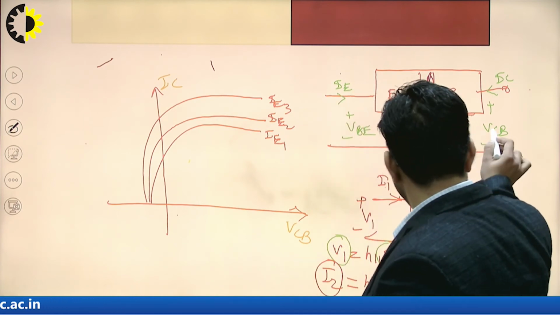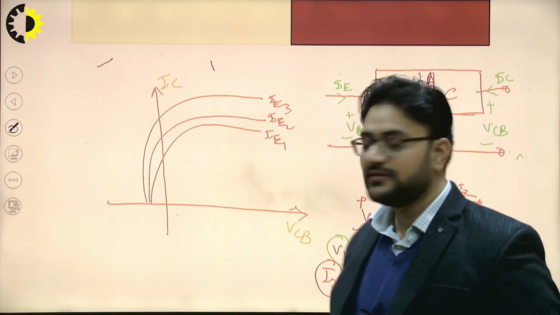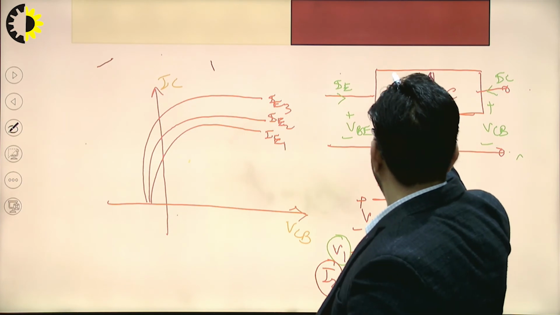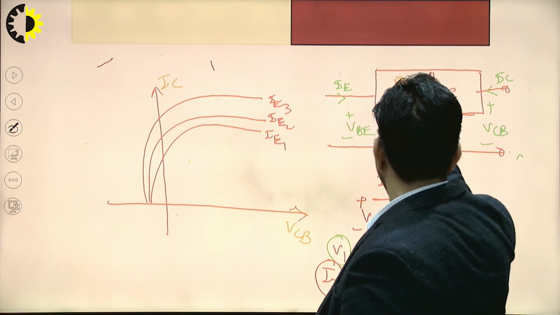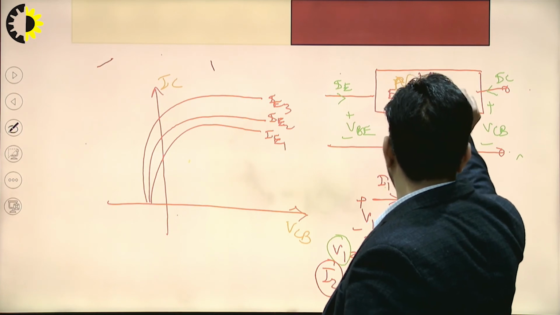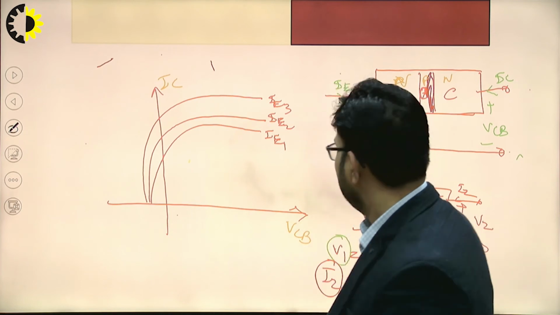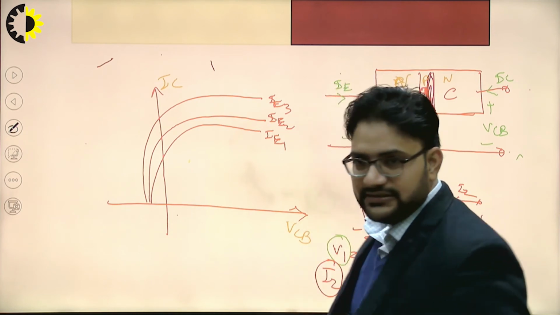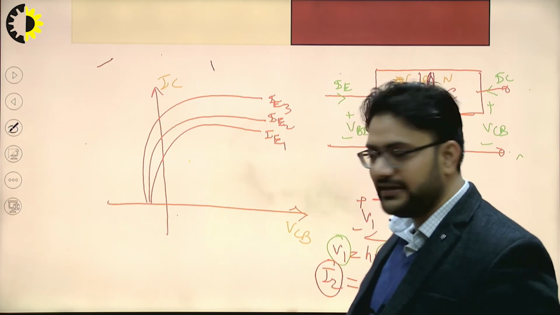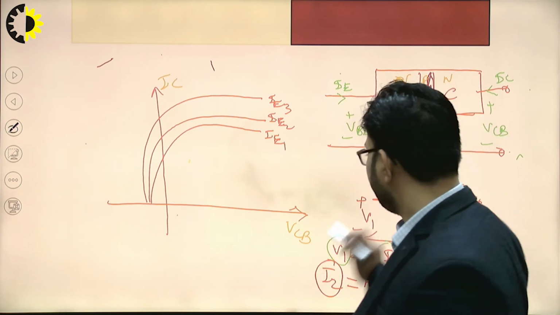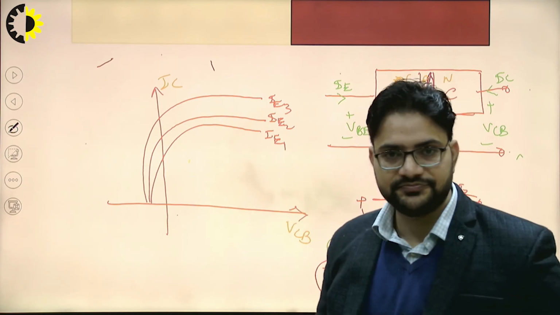Reverse bias means this VCB must be, if I consider this as an NPN transistor, positive. Under this condition, this junction will be reverse biased. If VCB is positive, the collector base junction will be reverse biased.